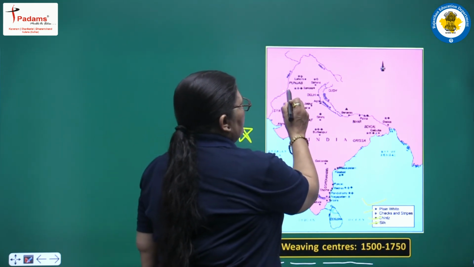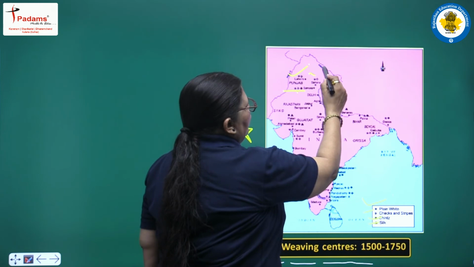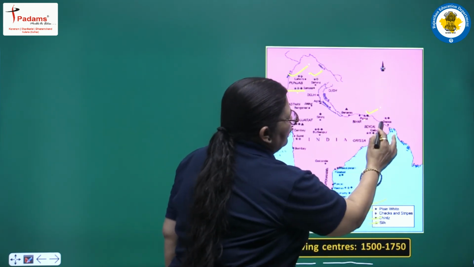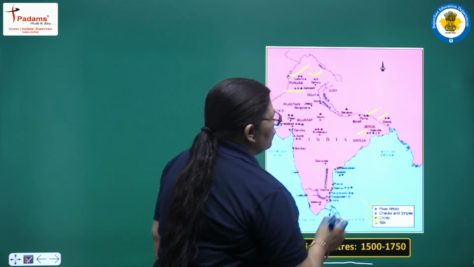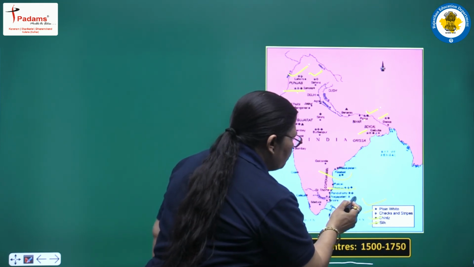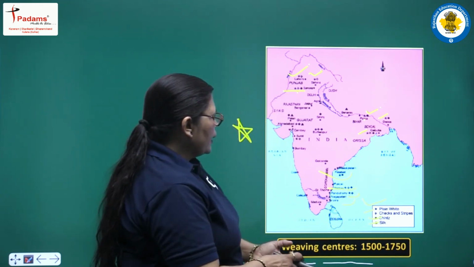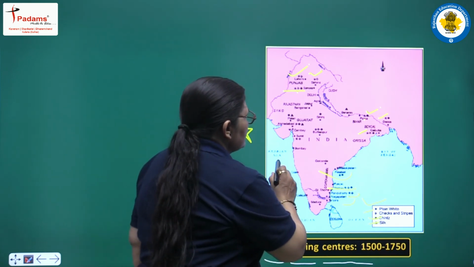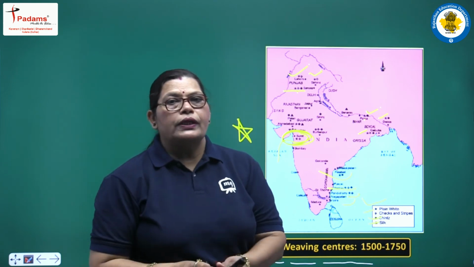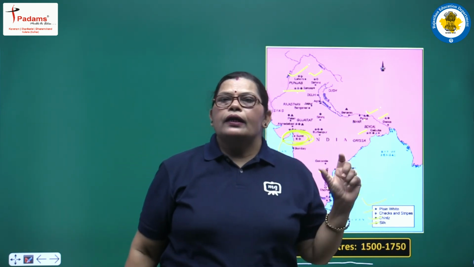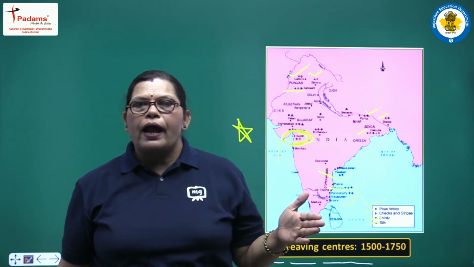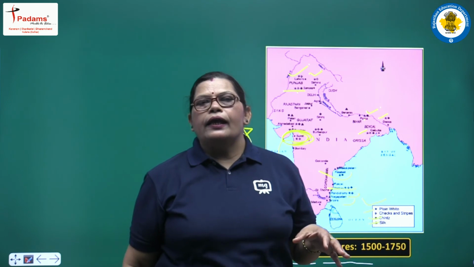See, here in Lahore, in Sirhind, here also Patna, Dhaka, and some parts of Calcutta, and Pondicherry also, Nagapattinam also. And when we are discussing Surat, we discussed the main thing Surat, and we will cover Surat and the other cities of Gujarat in our next part for the cotton textile material.